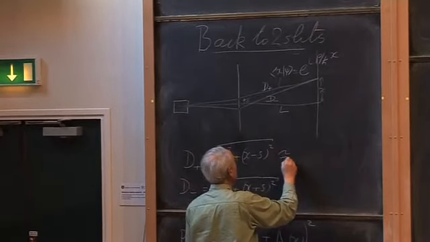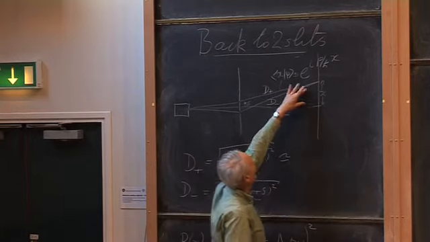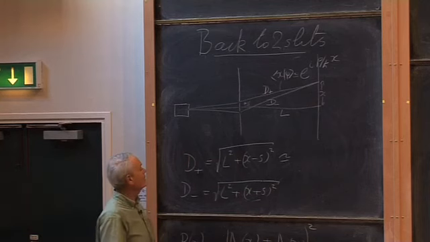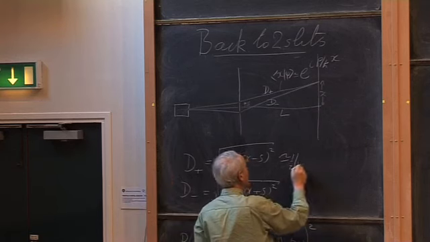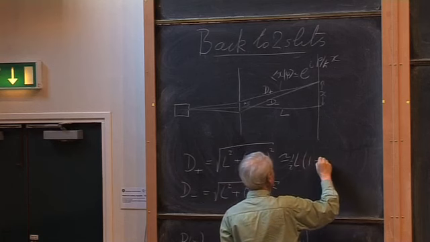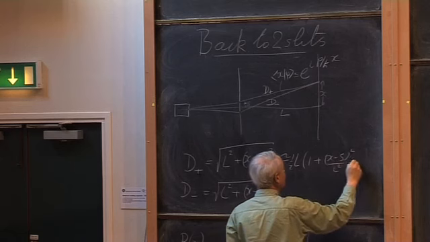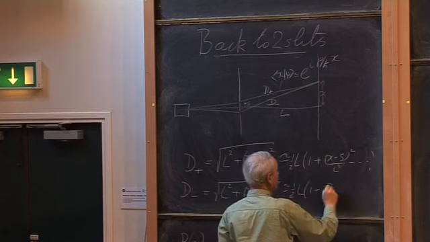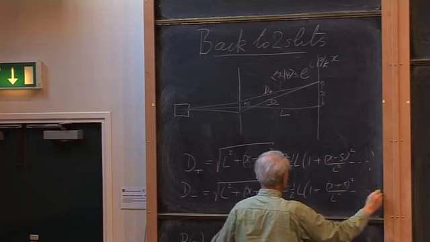Well, let's binomial expand this, and because we can argue that L is going to be big experimentally compared to x. x will be millimeters, L will be a meter or so. So we can binomial expand this and say that this is about L, about half of L, brackets 1 plus (x minus s) squared over L squared plus dot, dot, dot. And the other one's going to be about half L, 1 plus (x plus s) squared over L squared plus dot, dot, dot.